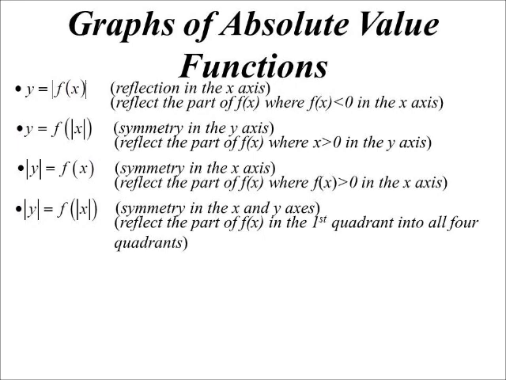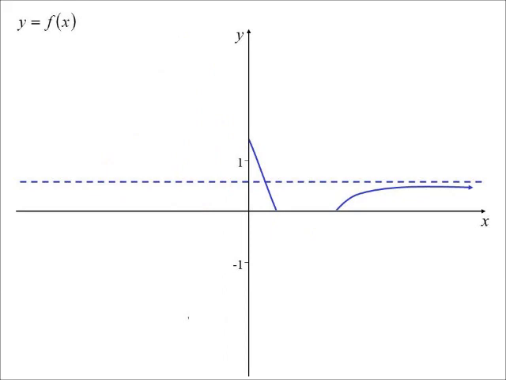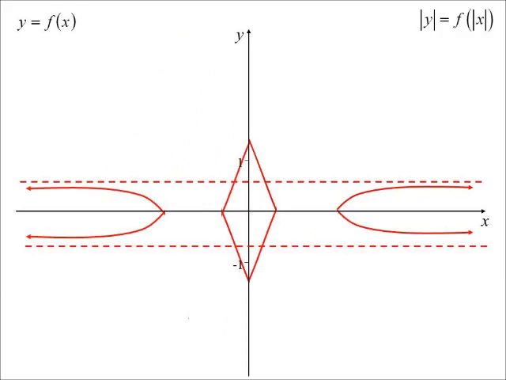So it's the first quadrant basically will get reflected into all four quadrants. That'll be the overall effect of it. So here's random graph. First quadrant is the only thing that's left, and it gets reflected into all of them. So that would be absolute value of y equals function absolute value of x.